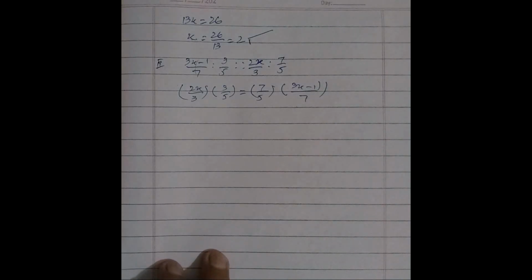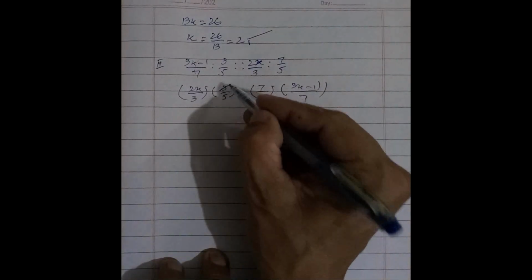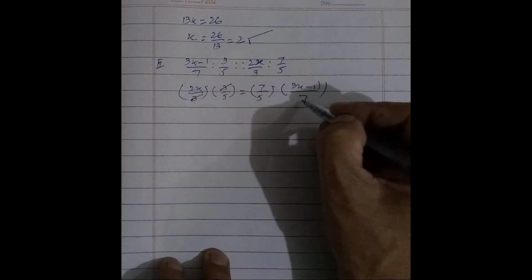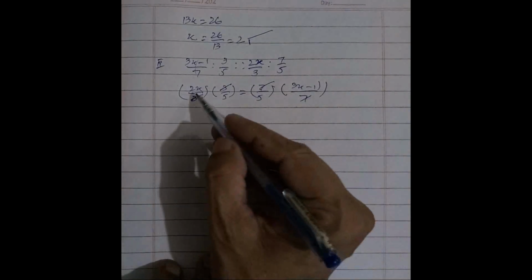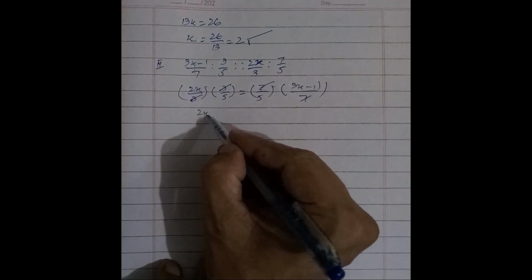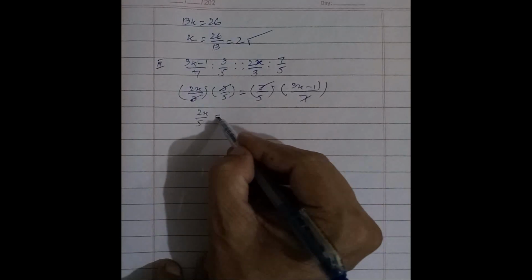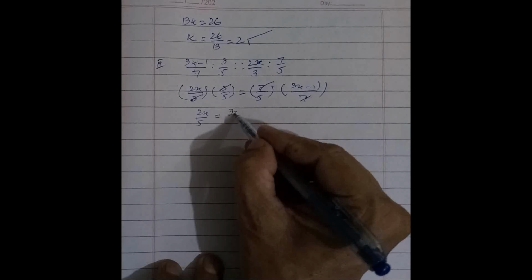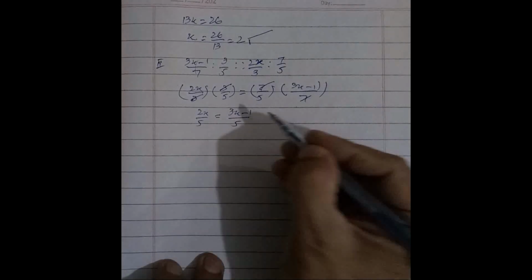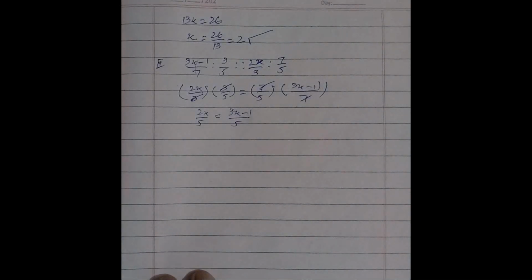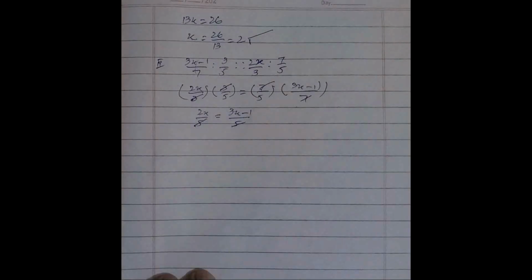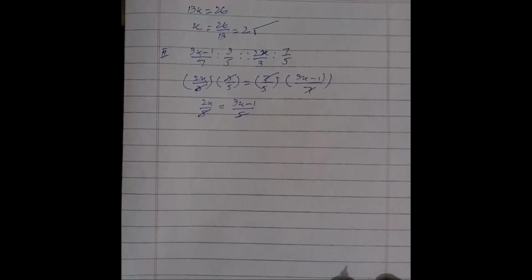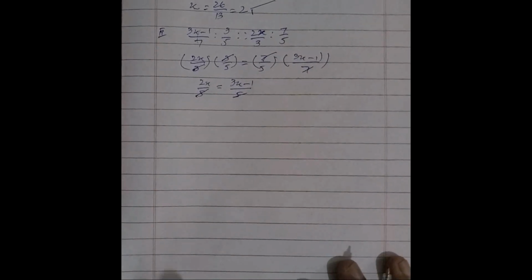Now simplify these values. These 3s cancel, and this 7 is cancelled with this 7. Multiply the other values, which is 2x over 5 is equal to 3x minus 1 over 5. And at this stage we cancel this 5 with this 5. If the denominators are the same, they cancel each other.